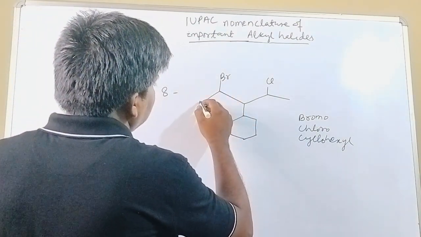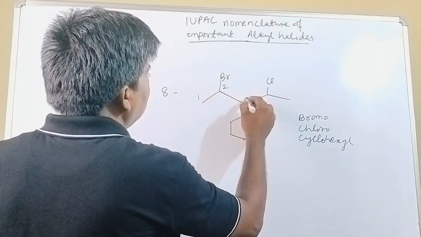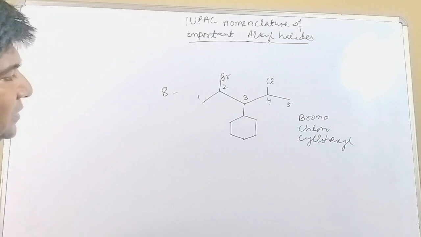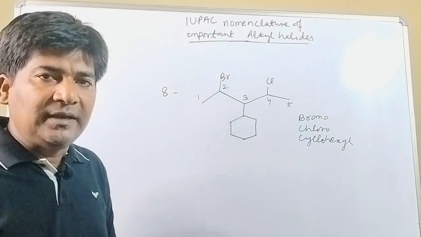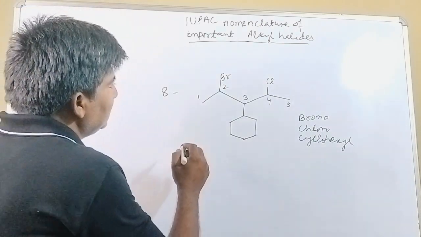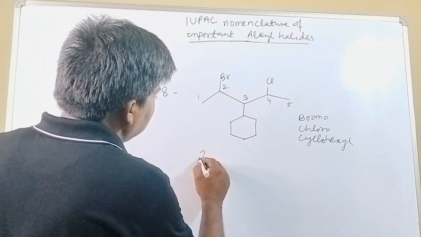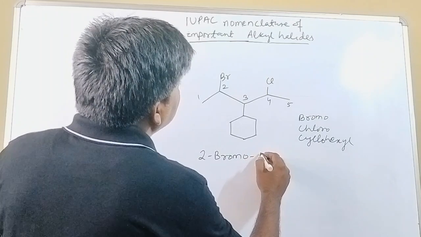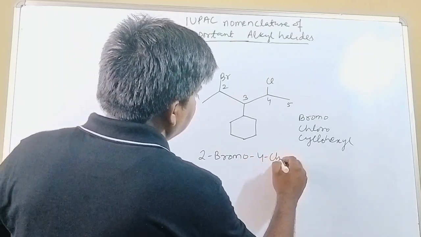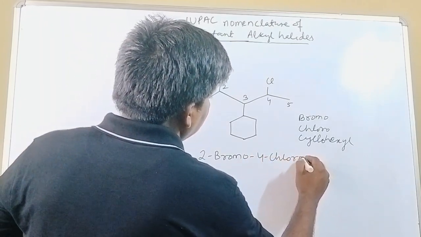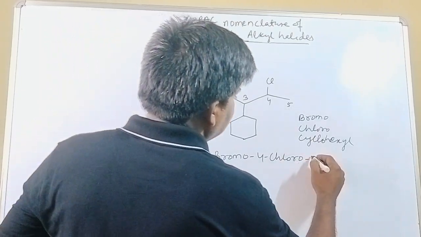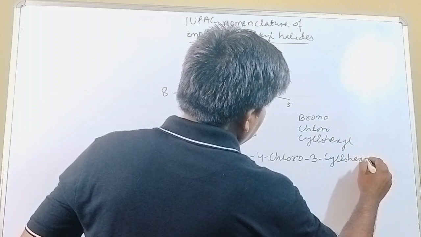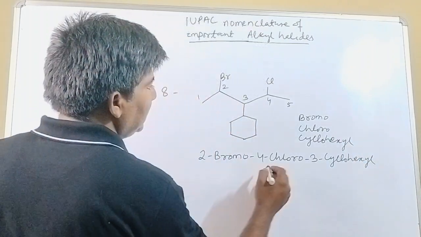So we number like this: 1, 2, 3, 4, 5. So this is a substituted pentane. So we write like this: 2-bromo, 4-chloro, 3-cyclohexyl, pentane.